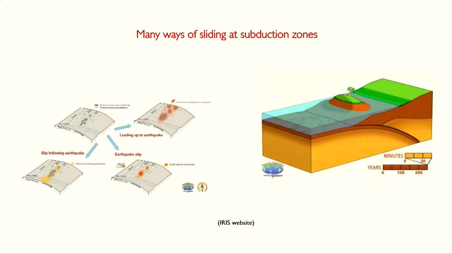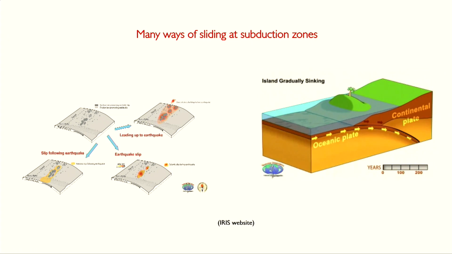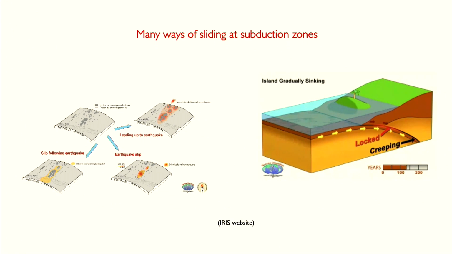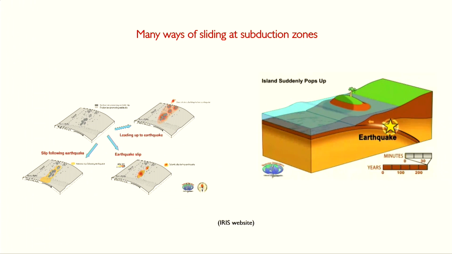There is a slight error in this animation, so I won't go into that detail, but let me replay it. You see the scale goes like years and years, 100, 200, and then suddenly within seconds you get an instability, which kickstarts an earthquake that propagates through the medium and creates tsunamis and other things.